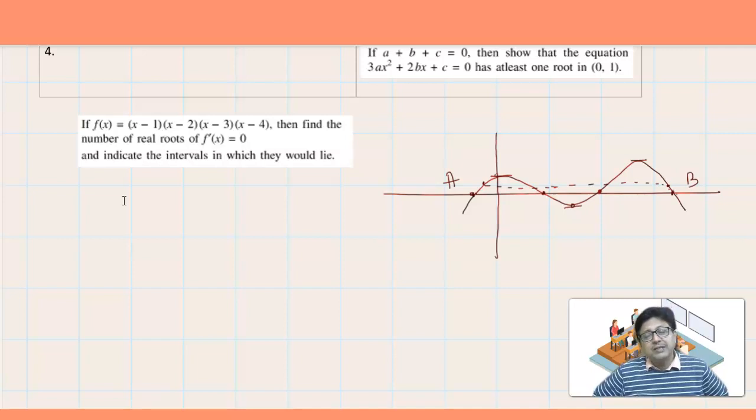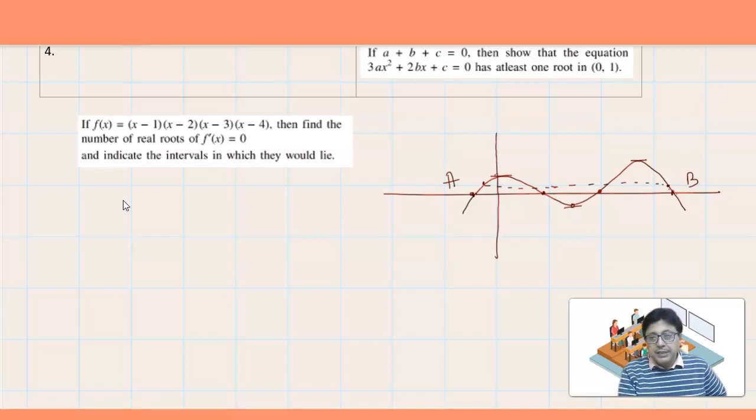Rolle's theorem only stated that between two successive zeros of a polynomial, there is a zero of its derivative polynomial. So we are not going to find its derivative. We will just remember this concept: roots of f'(x) equal to 0 are separated by roots of f(x) equal to 0. Am I clear?